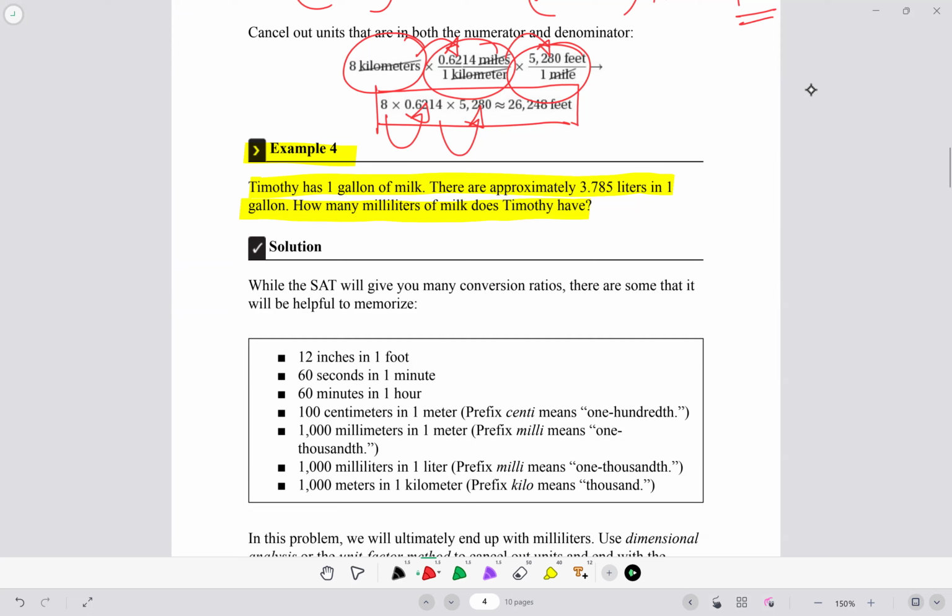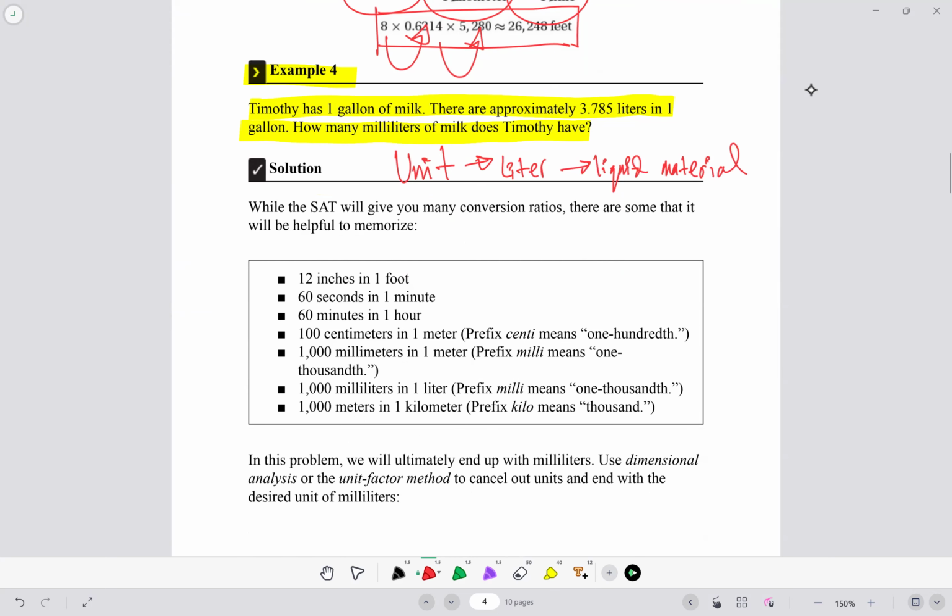We have the unit in liters, which is for liquid material. And 1 gallon is equal to 3.785 liters.